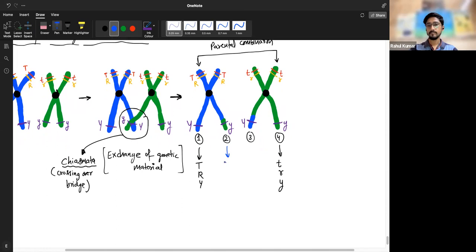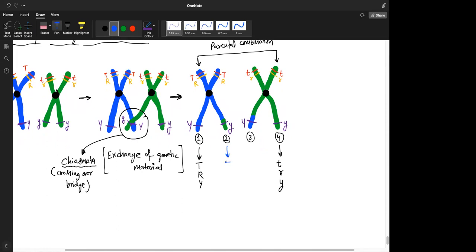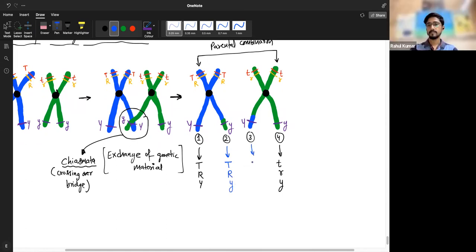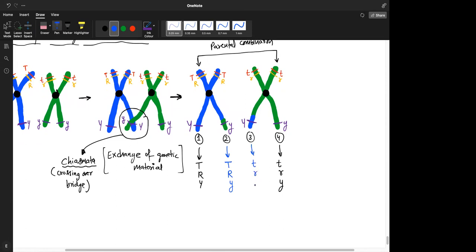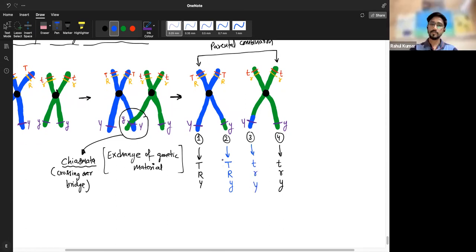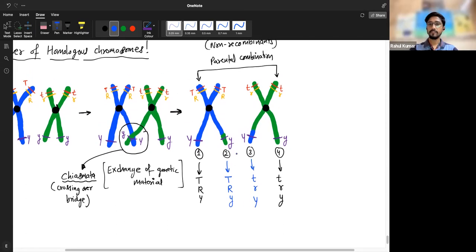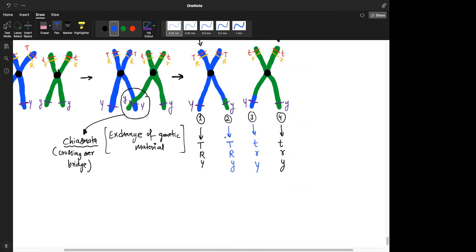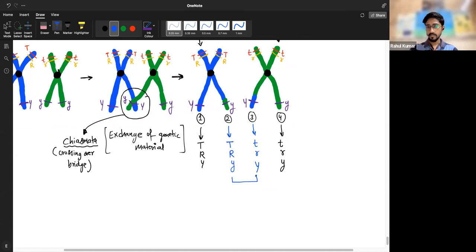Capital T, capital R, small y. And here? Small t, small r, capital Y. So do you see that these two are different, right? These two are actually not present in any of the parents. They happen because of crossing over.